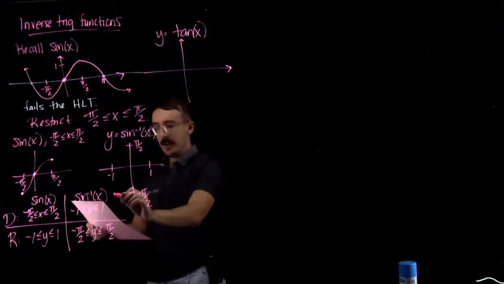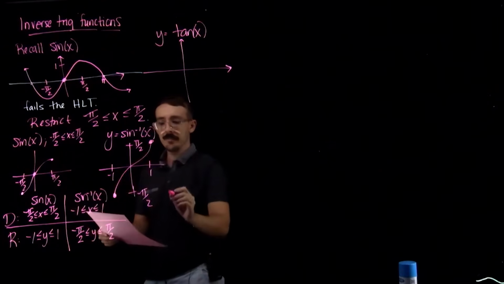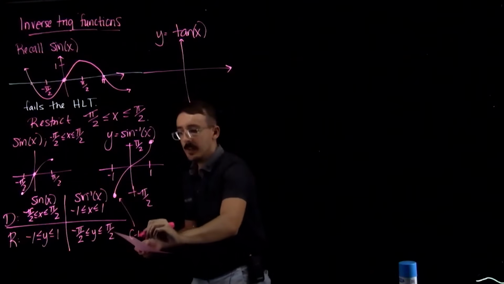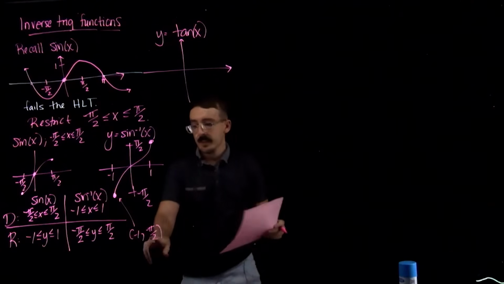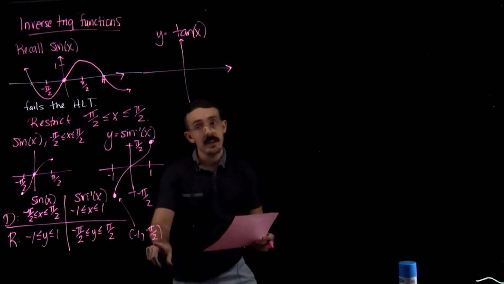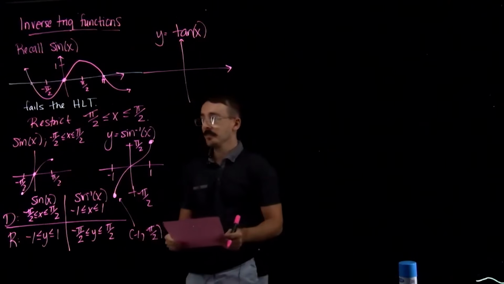So I have a point here and a point here. So this point right here corresponds to negative 1, negative pi over 2. So that's the inverse point. That's because on the original, sine of negative pi over 2 is negative 1. So all the points just switch.